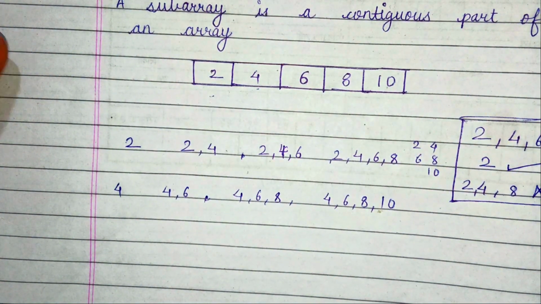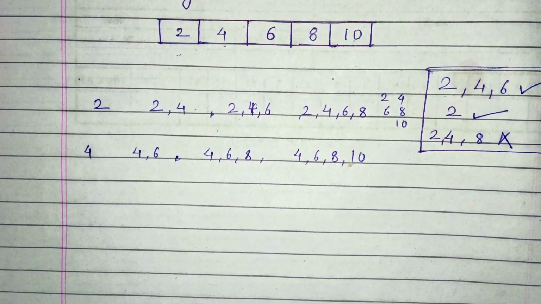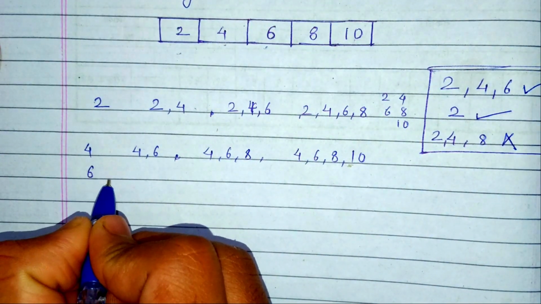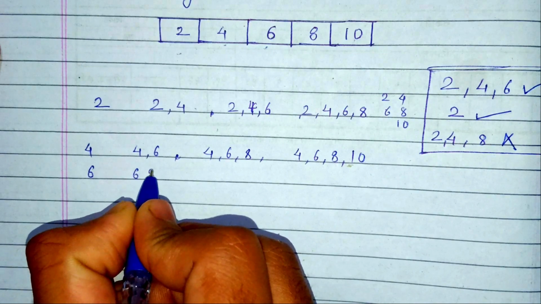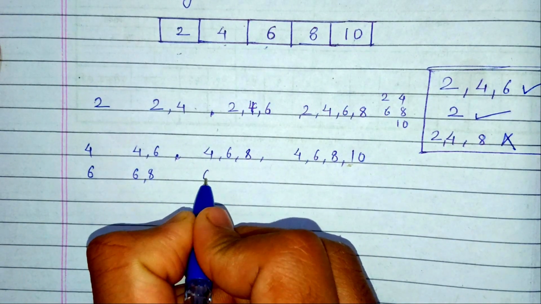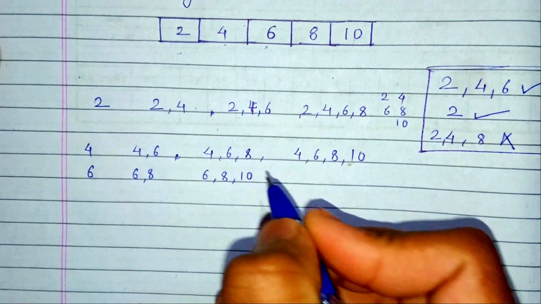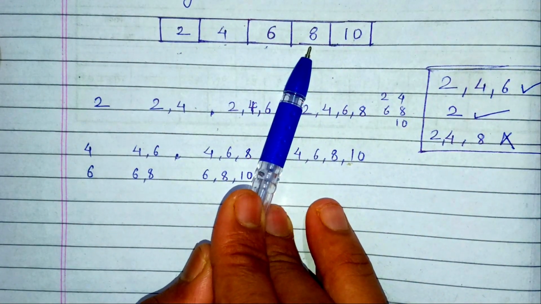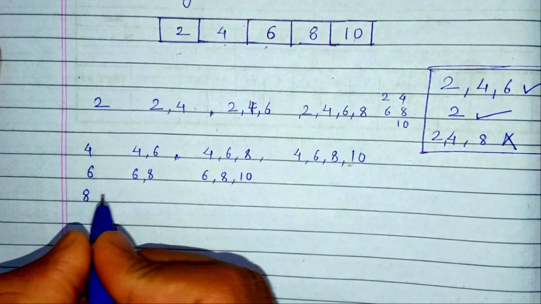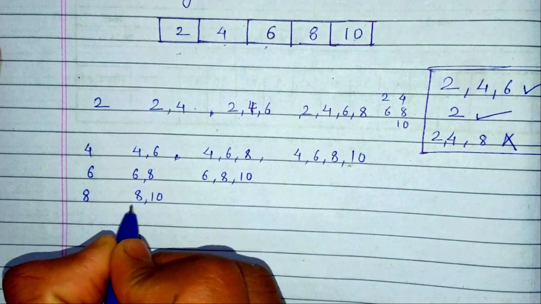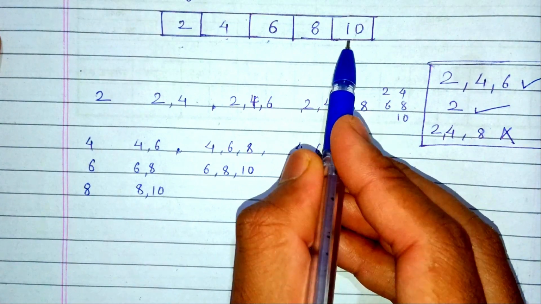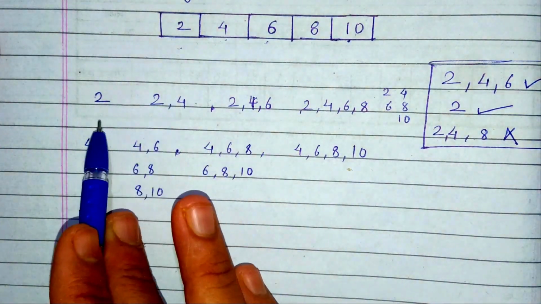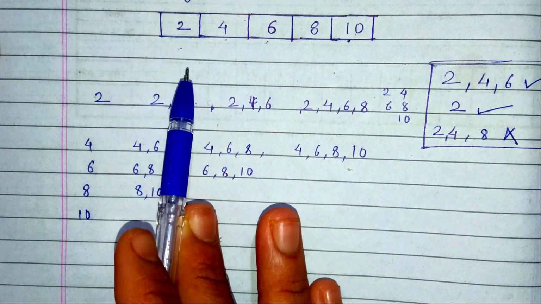The subarrays starting from 6 will be 6, then 6 8, then 6 8 and 10. Next, the subarrays starting from the element 8 will be 8, then 8 and 10. And the subarray starting from 10 will be only 10. So these are all the possible subarrays from the given array.